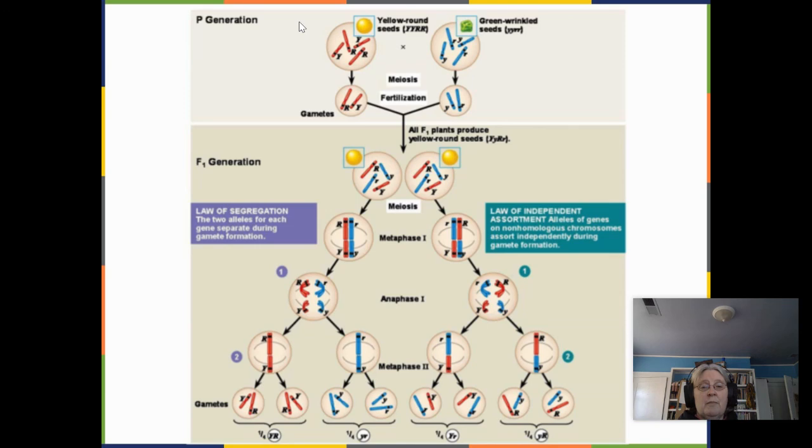Big Y, big R, little r, big Y, little r, and little y, big R. We can see that as a result of meiosis, we would end up with 2 of each out of 8. That gives us a ratio of 1 to 1 to 1 to 1, or 1/4 of each. And that is exactly what Mendel predicted.